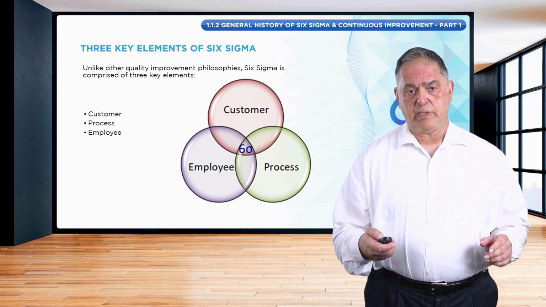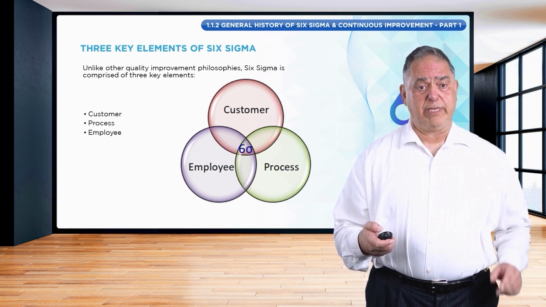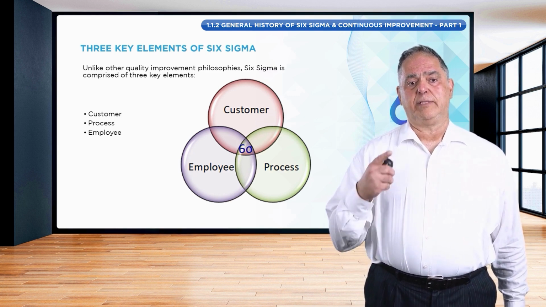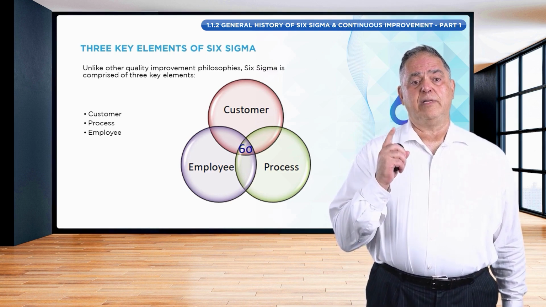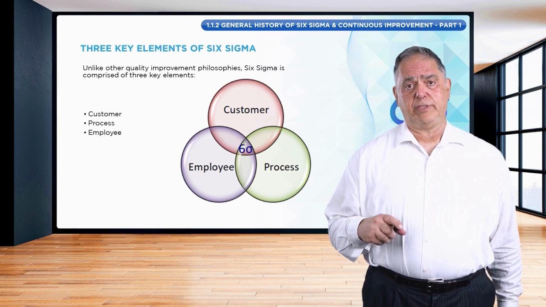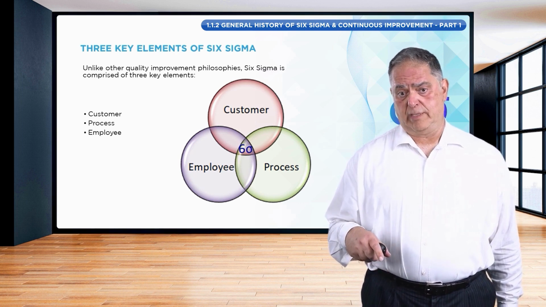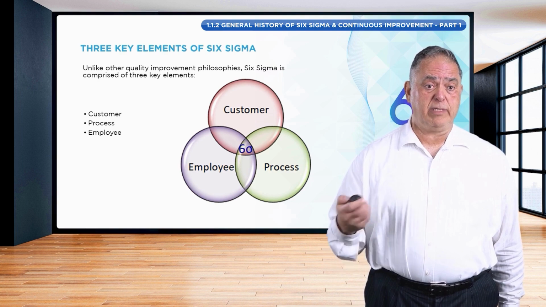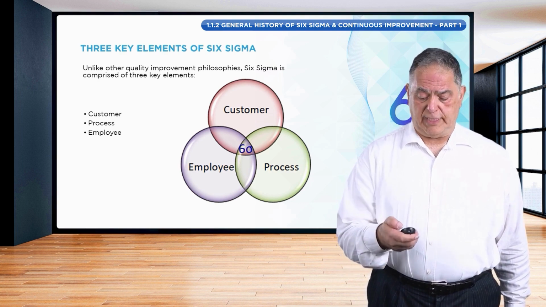So customer, process, and employee. We're going to learn a little bit later that we have the voice of the customer, the voice of the process, and the voice of the employee, and what these terms mean within the context of Six Sigma.